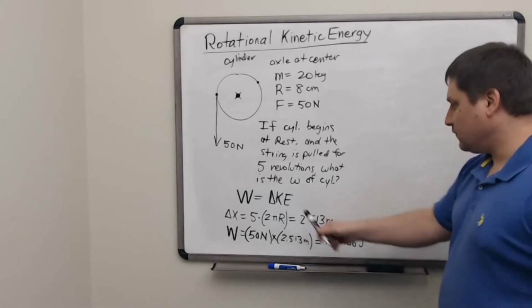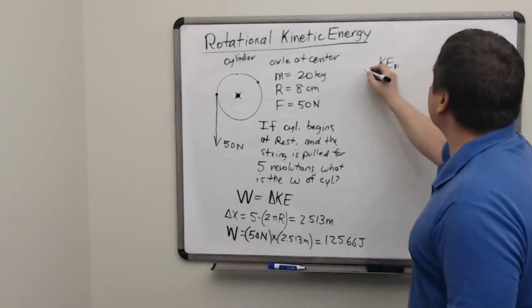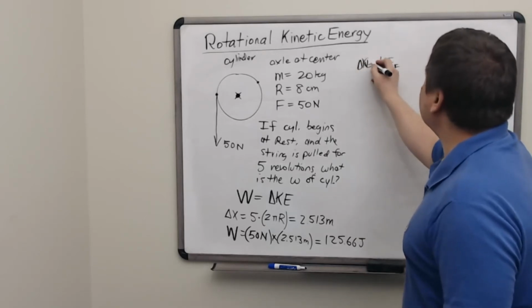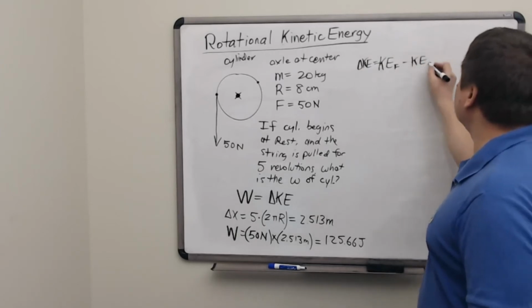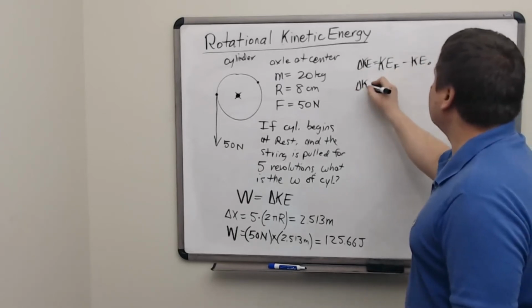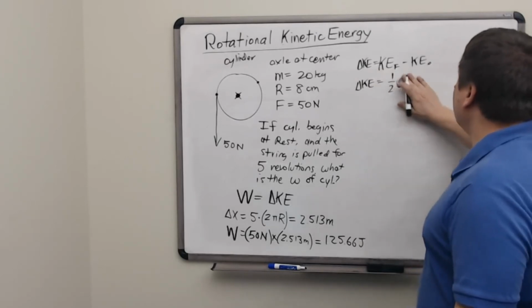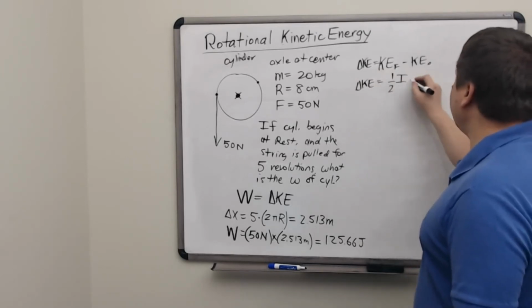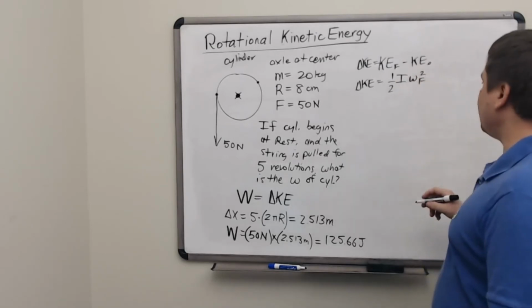For the rotational motion, we'll be looking at this kinetic energy term. The change in kinetic energy is the final kinetic energy minus the initial. And the final kinetic energy is 1/2 the moment of inertia times the final velocity squared.